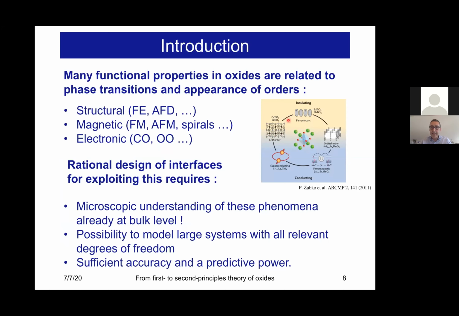So these are mainly structural distortions, but you can have also magnetic phase transitions, ferromagnetic, antiferromagnetic, appearance of spirals, and you can even have electronic phase transitions, like charge ordering in nickelates or orbital ordering in the manganites. And so these materials are very rich.